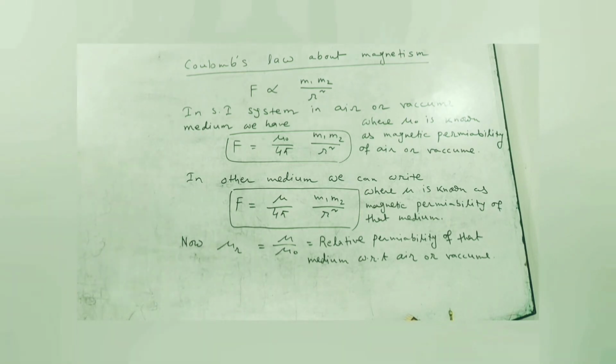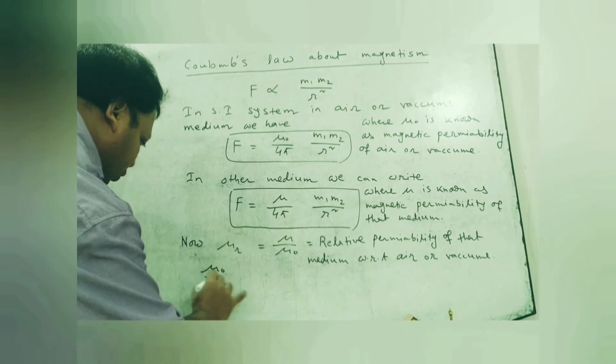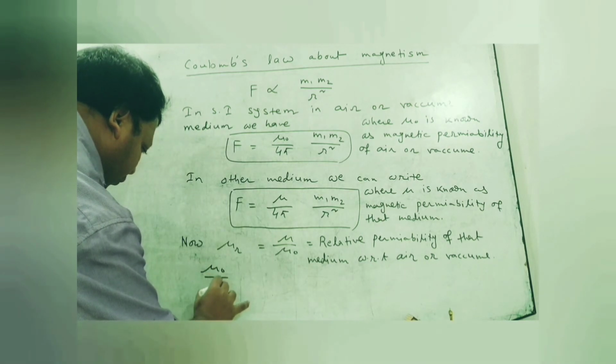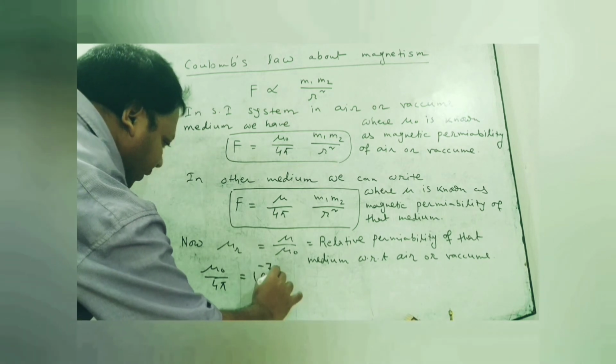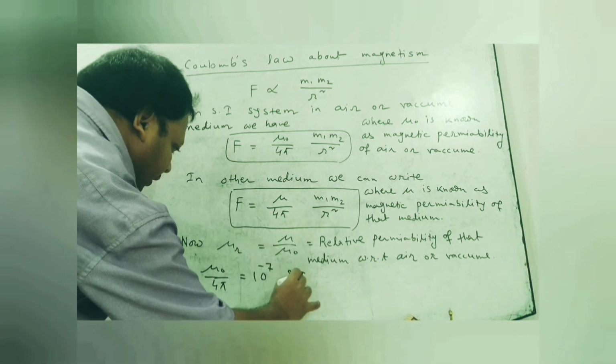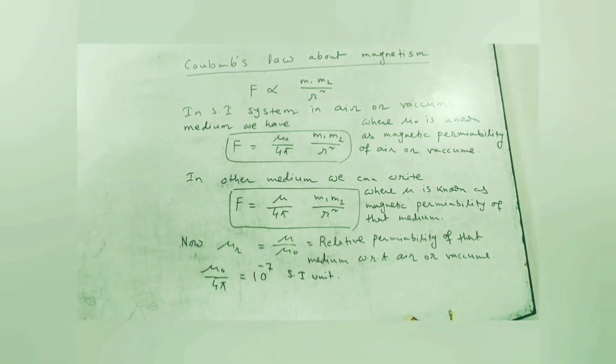Now mu r is equal to mu by mu0, the relative magnetic permeability of that medium with respect to air or vacuum. Mu0 by 4 pi has the standard value 10 to the power minus 7 in SI units.